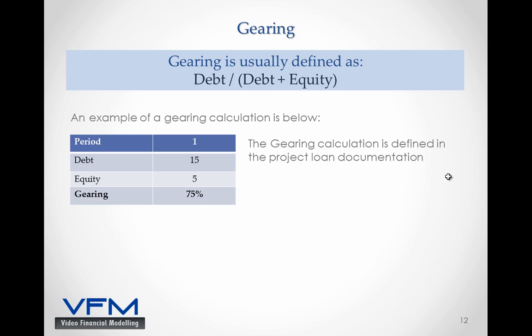Now, just a note on gearing, a lot of these project finance deals have instruments such as sub-debt, shareholder loans, etc., and usually these subordinated pieces of debt or shareholder loans are equity instruments, i.e. they're usually injected by the project sponsors or shareholders as such.